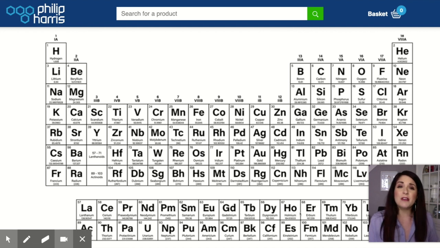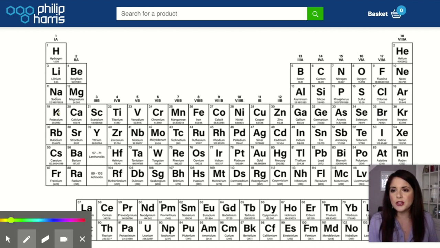When you're looking at a periodic table, it's actually quite easy to know what the charge is going to be for a lot of the elements, especially your main group elements. So that's this whole section right here and this whole section on the other side. The transition metals we'll talk about in a little bit.